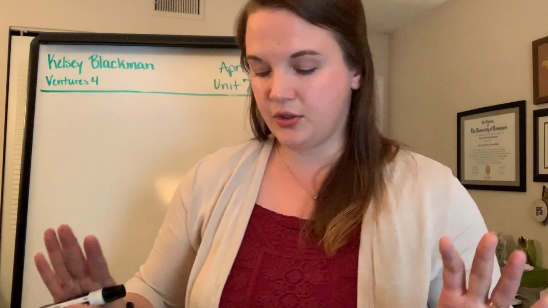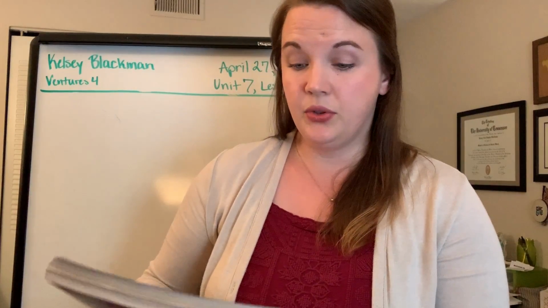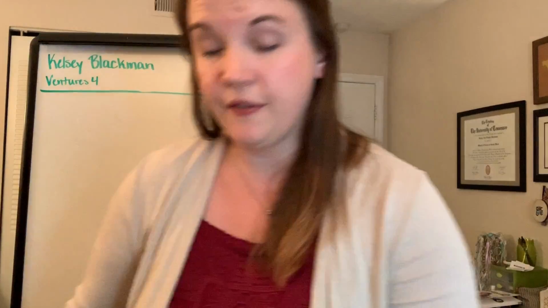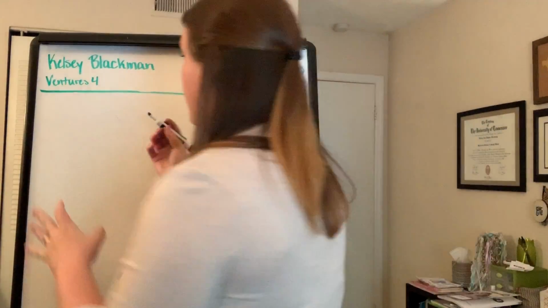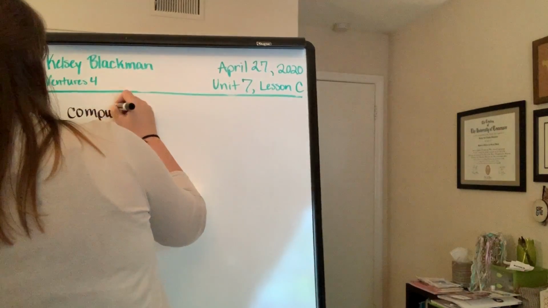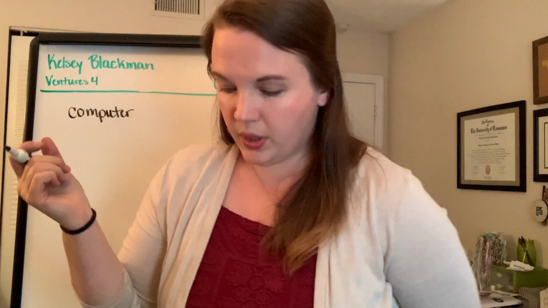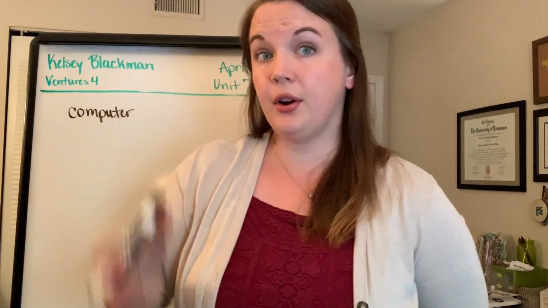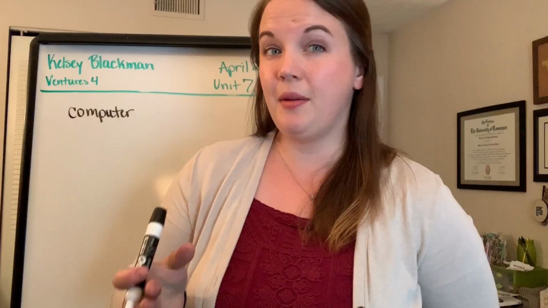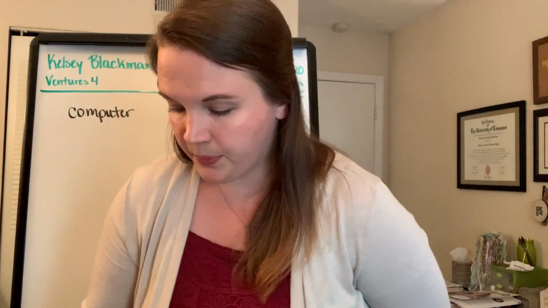So let's just try this. For example, you see computer. In the first column, you have computer. And then which word in the third column would fit best with a problem computers would have?